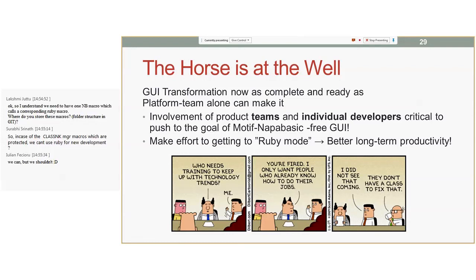Again, in this company we have seen so many half-hearted efforts of starting to do something, grinding to a halt, then deciding with big effort to do something else. Let's this time try to push it to the end, and then we have a better code base, and we get rid of the Xced, and we get rid of the Motif, and we get rid of those technologies. As long as we have a single line of NapaBasic widget code, we are stuck with those technologies.